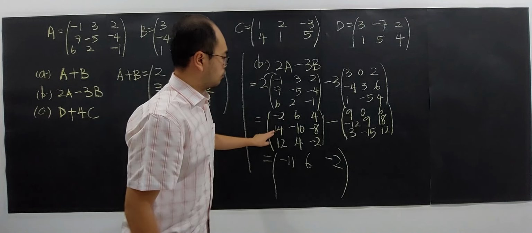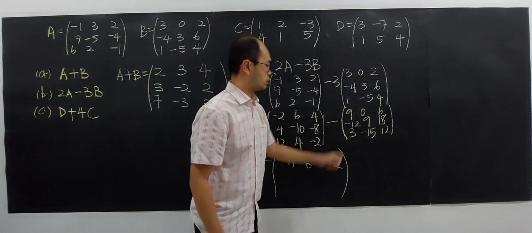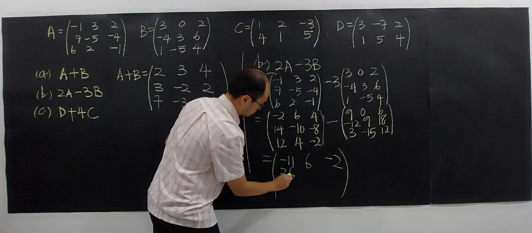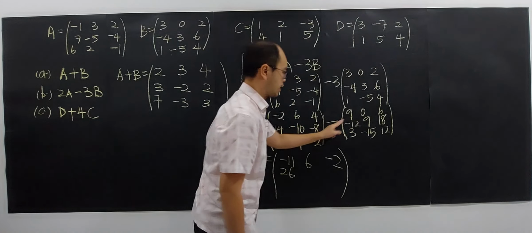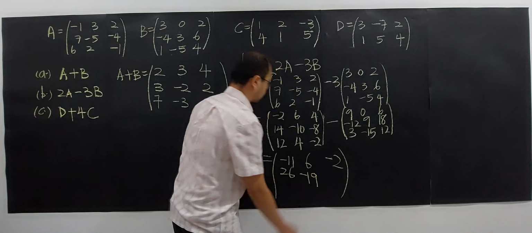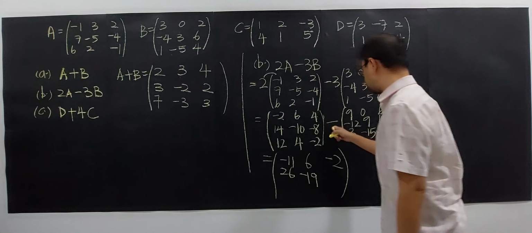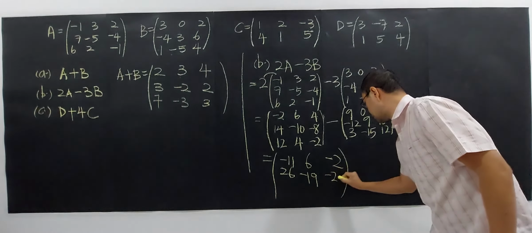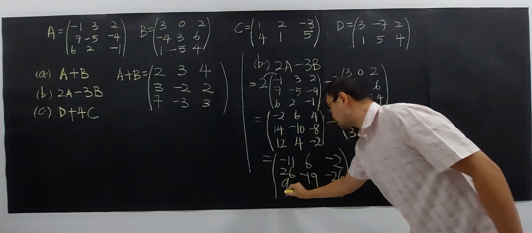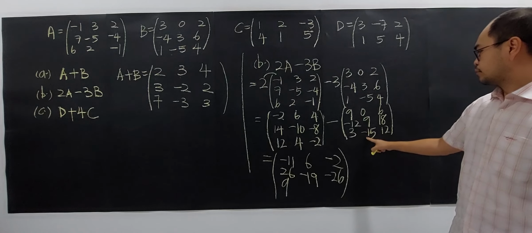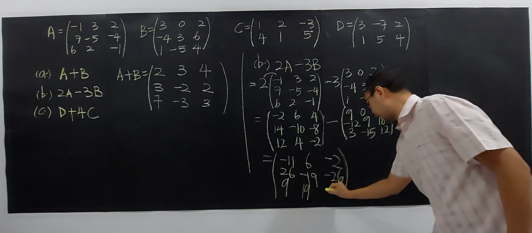We do it one by one. 14 minus negative 12, negative and negative make positive, so 14 plus 12, you get 26. -10 minus 9 is -19. -8 minus 18 becomes -26. 12 minus 3, you have 9. 4 minus -15, you have 19. -2 minus 12, you have -14.